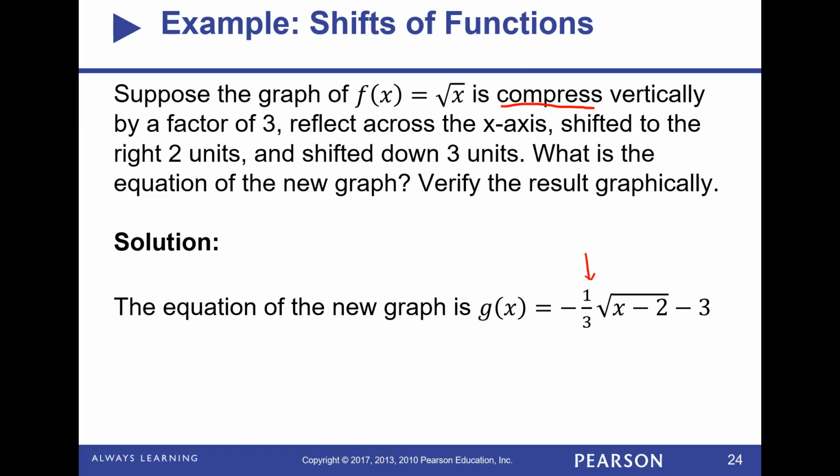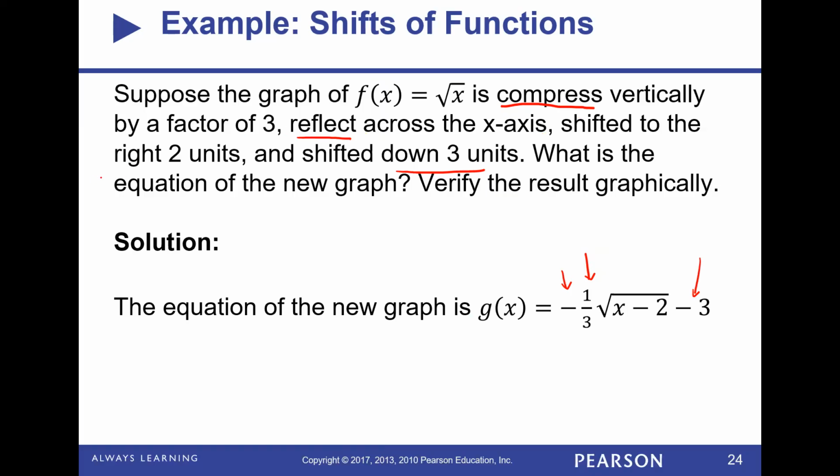It's like you're dividing everything by 3, which means multiplying by 1/3. And then that reflection on the x-axis is where that negative comes from. And that -3 is that downward unit. Notice all of those are vertical movements, and those are all on the outside.